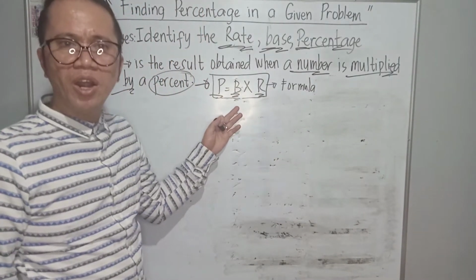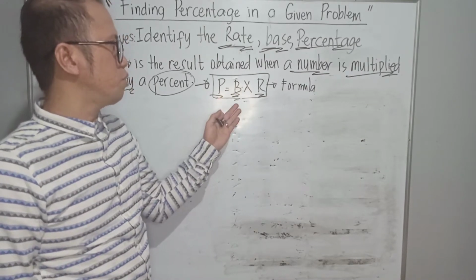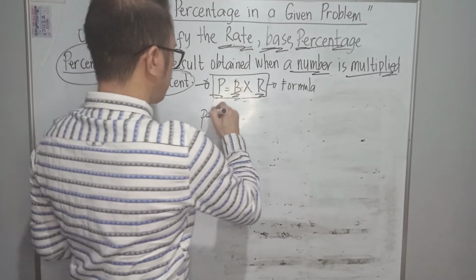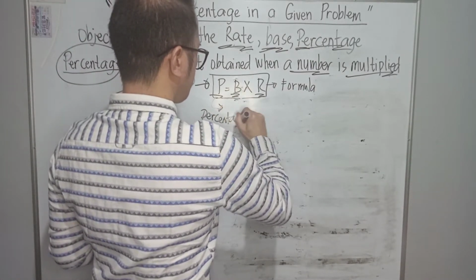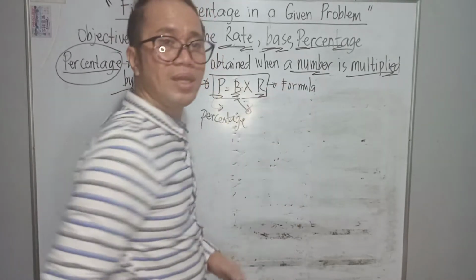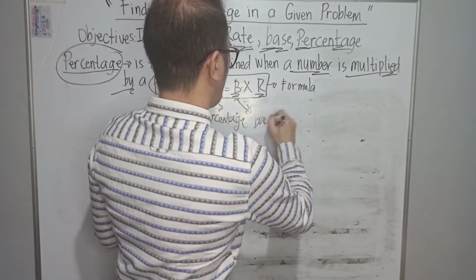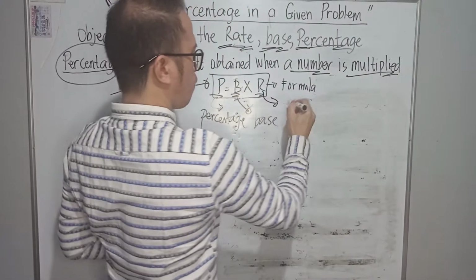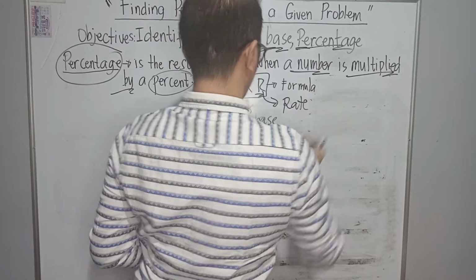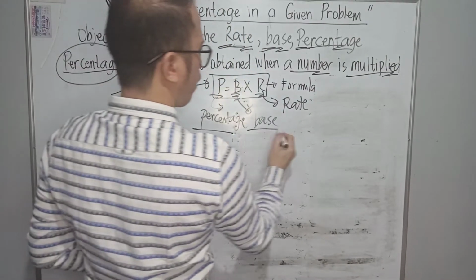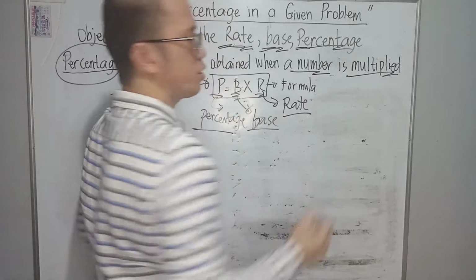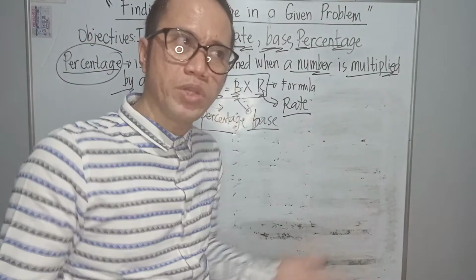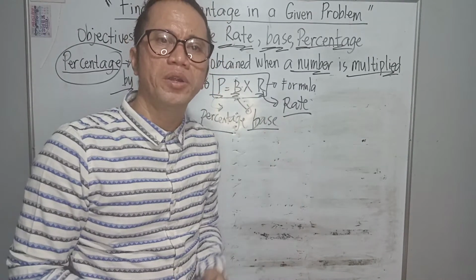This is our formula: P is equal to B times R. P is the percentage, B stands for the base, and R stands for the rate. We're going to use this formula in order to solve our problem.